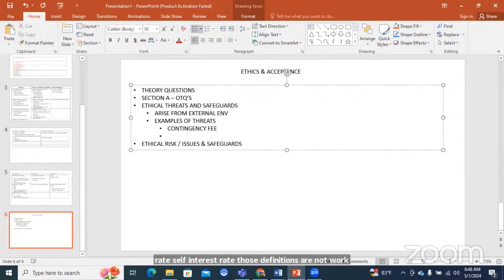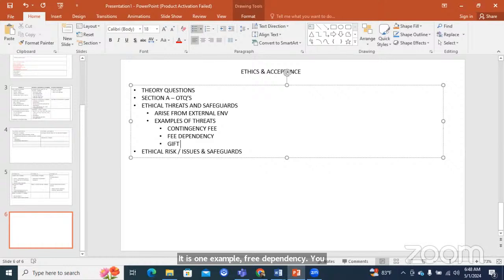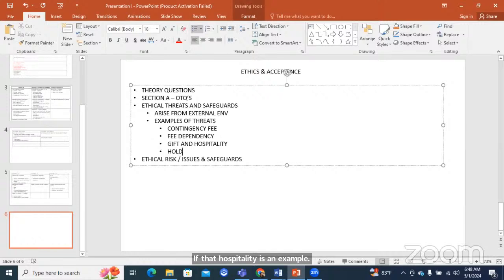It is one example. Prohibited. Fee dependency is an example. Gift and hospitality is an example. Holding shares. Auditor holding shares at the client place.